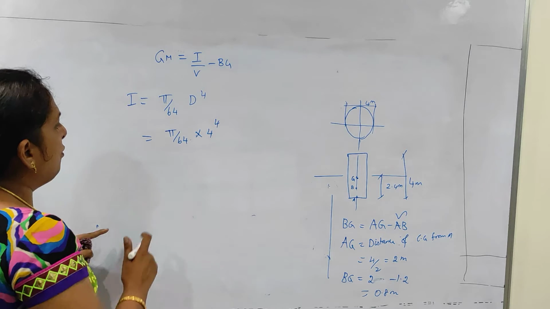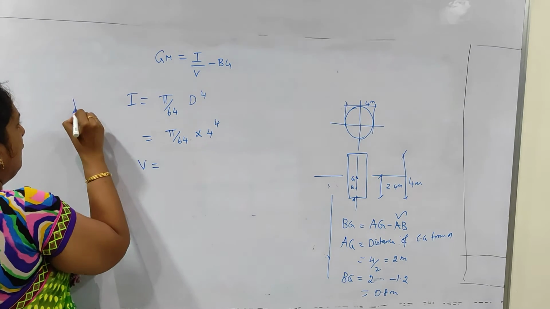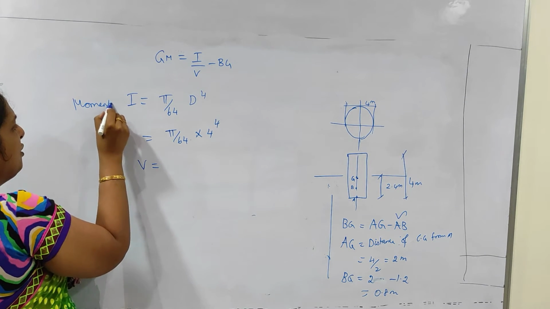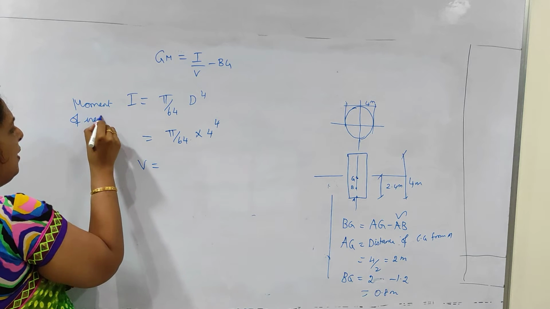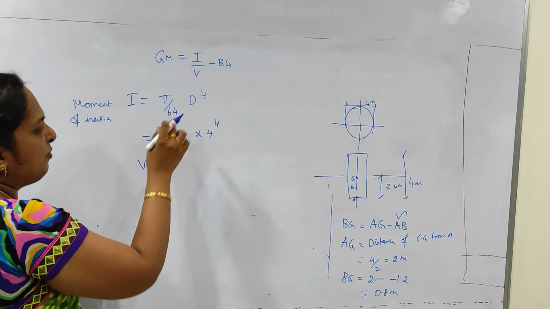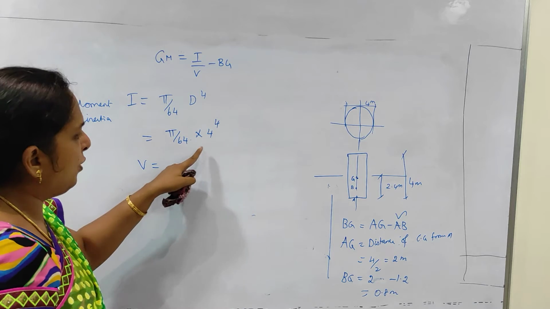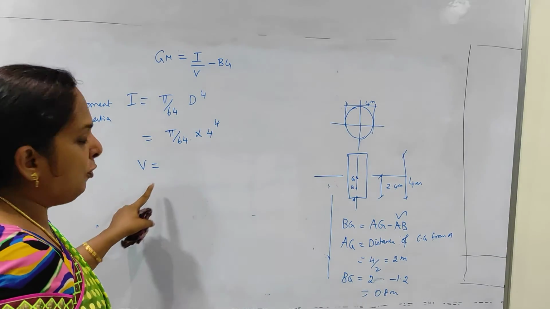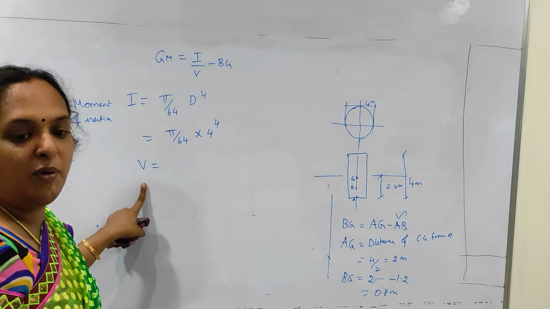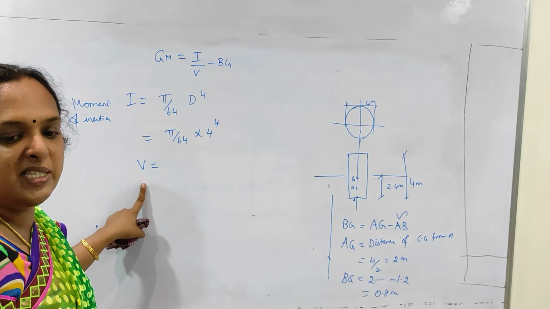Now I have to find out the volume. The moment of inertia is pi by 64 into d to the power 4, so pi by 64 into 4 to the power of 4. Now what is your volume here? That is the volume of the cylinder in water.